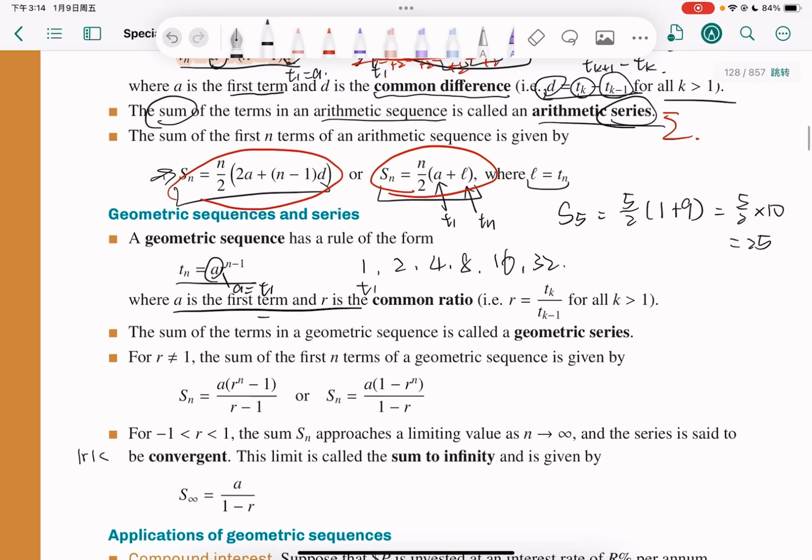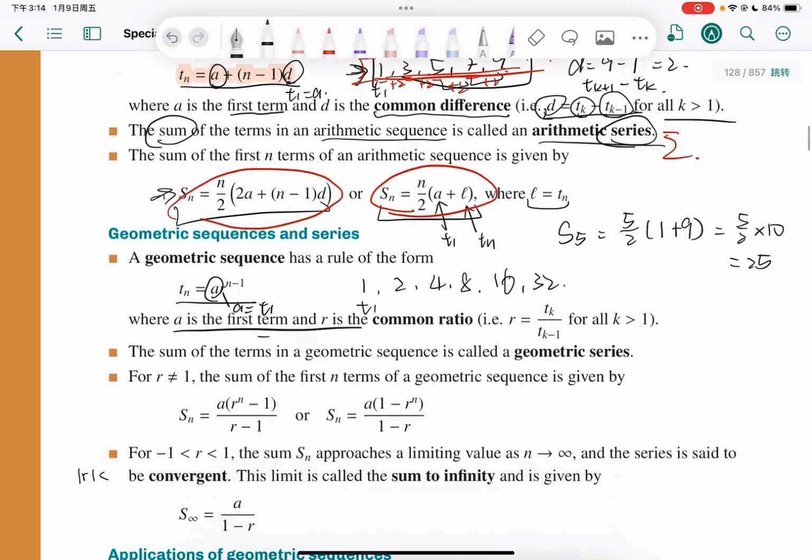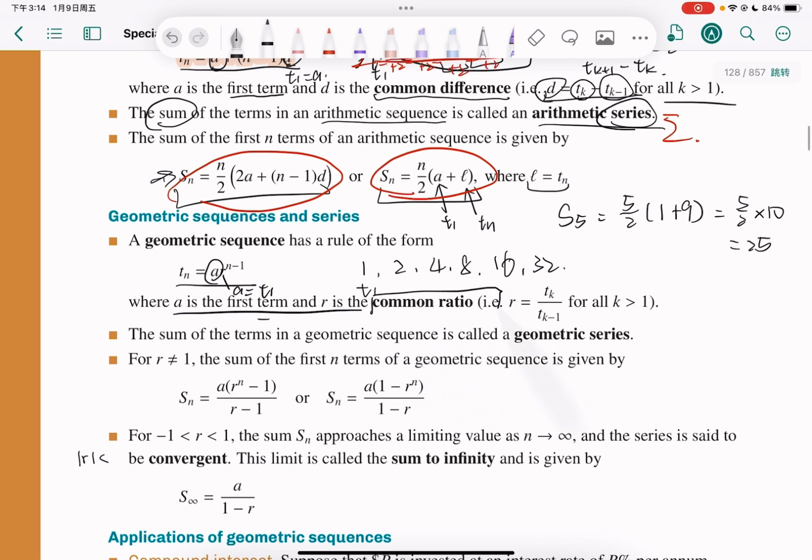Instead of D, the common difference, we now have the common ratio, which is the division between Tk and Tk minus 1, or you can say Tk plus 1 divided by Tk, for all k greater than 1.